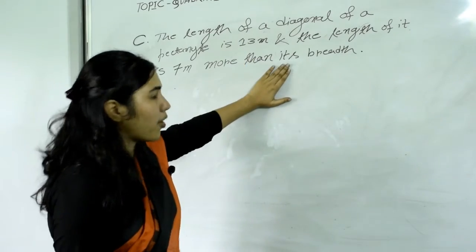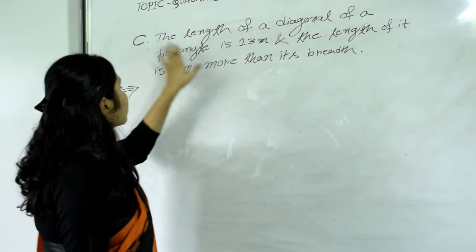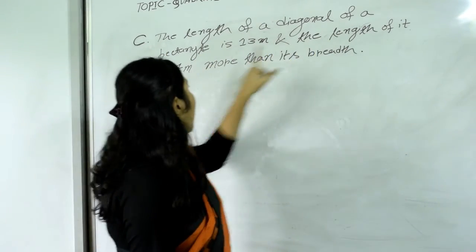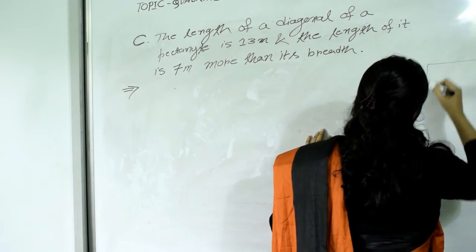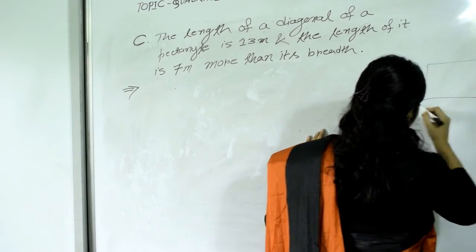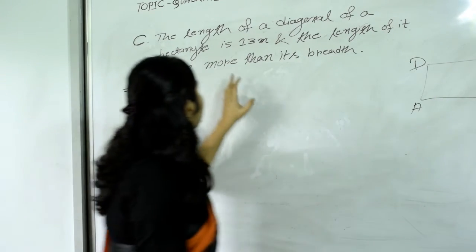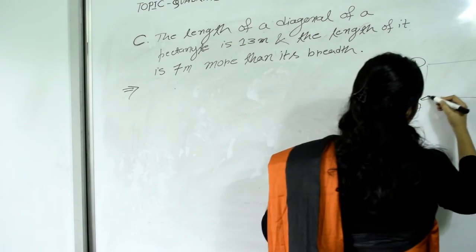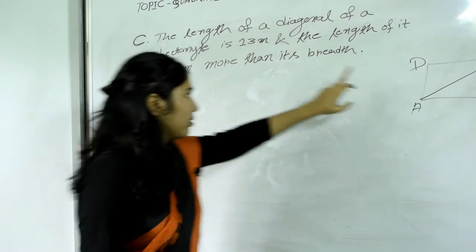Here, from this problem we have to form a quadratic equation. So look at this problem. The length of a diagonal of a rectangle. So first form a rectangle. Draw a rectangle, suppose ABCD. So the length of a diagonal. Suppose AC is one diagonal of this rectangle.